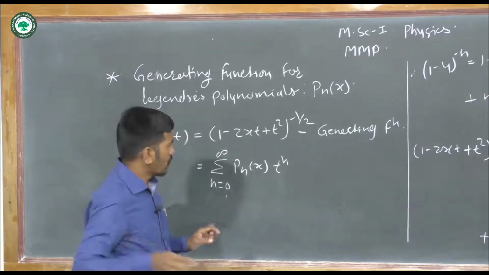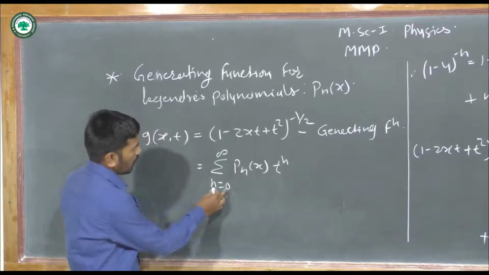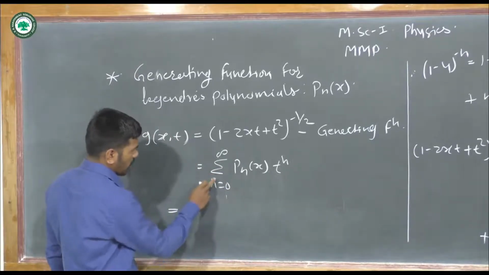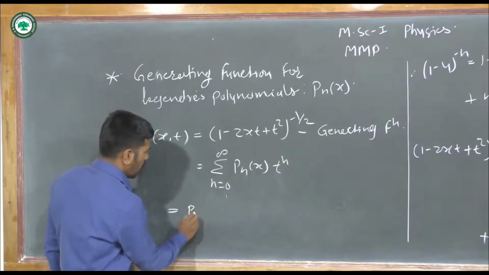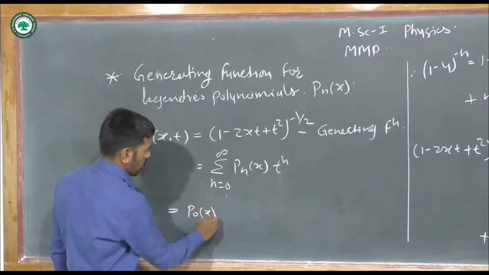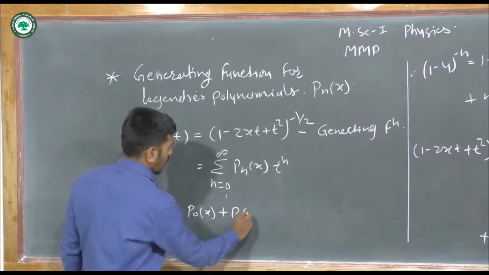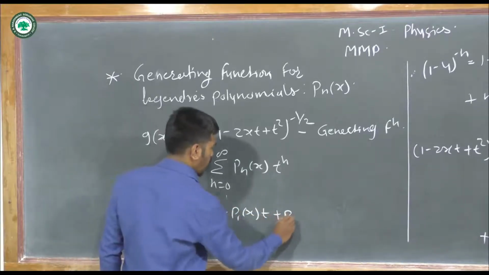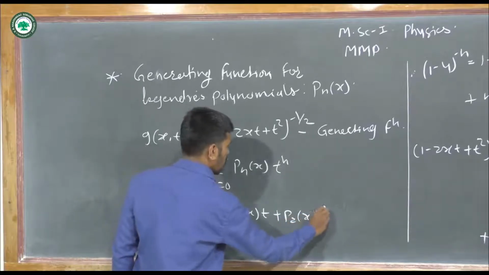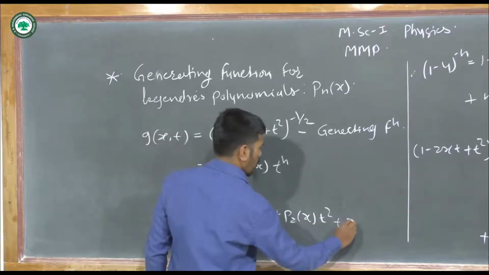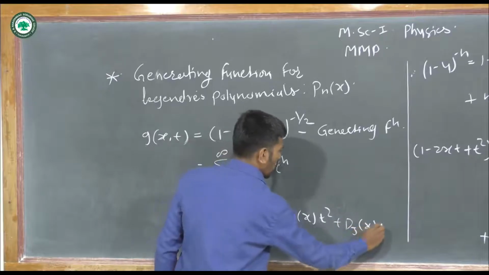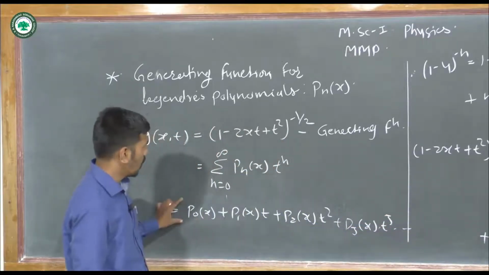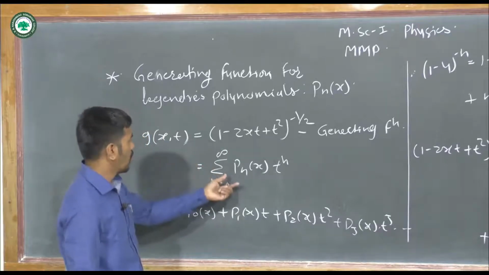Now this series, if I write in the expansion form, it is P naught x plus P1 x into t plus P2 x into t square plus P3 x into t cube, and so on.